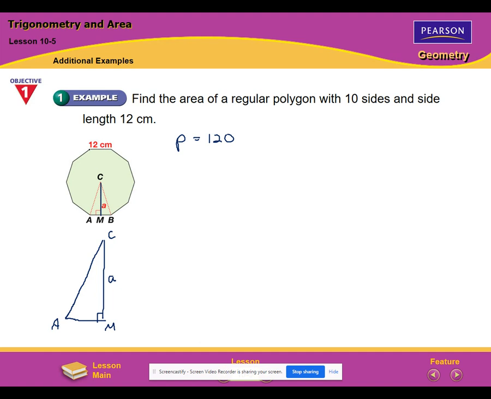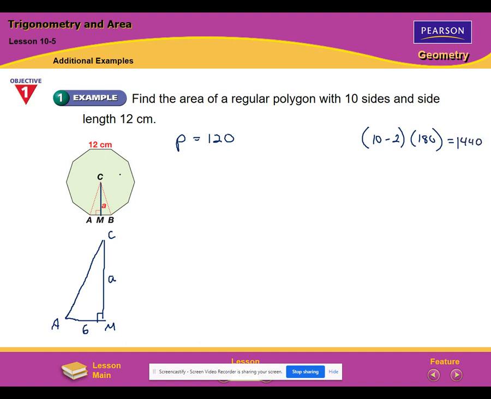Now, again, if all the sides are 12, then this would be 6. And we are going to need to do a calculation. I'll go with the n minus 2 times 180 again. So 10 minus 2 times 180 would be 8 times 180, which is an angle sum of 1440.